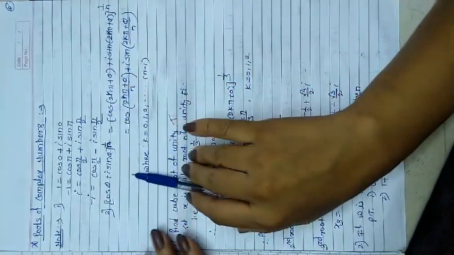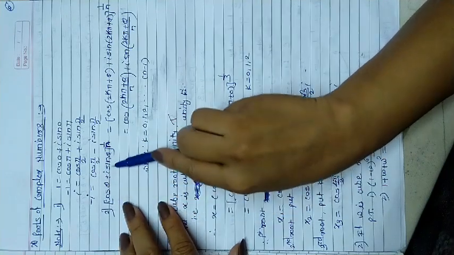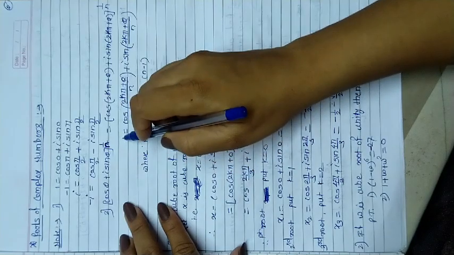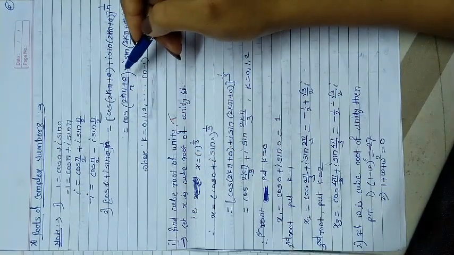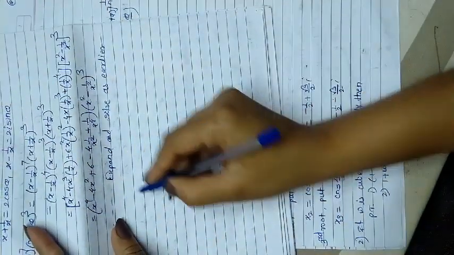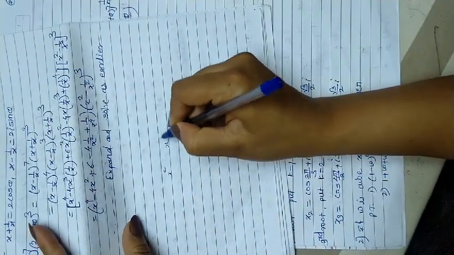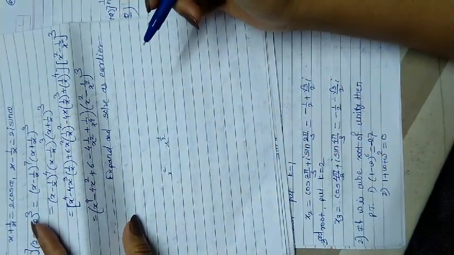Now also, (cos theta plus i sin theta) raised to 1 by n. 1 by n is nothing but the nth root of this. For example, if x square is there, then x raised to 1 by 2 is the square root of x, right?